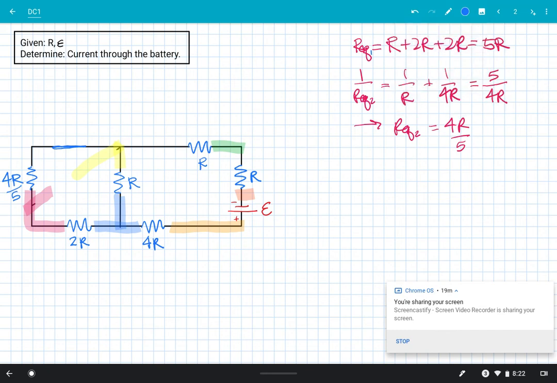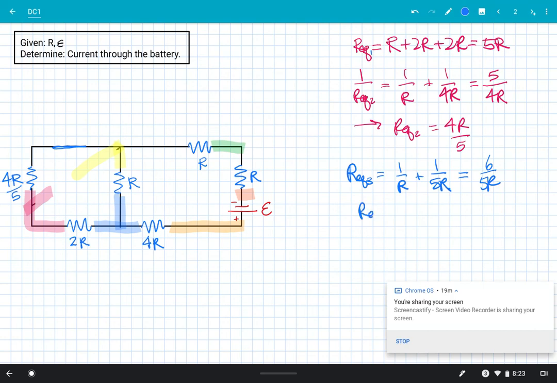5R over 6, I'm sorry. So that was 5R and R. I didn't do that math yet. So if I were to do that, that would be my R equivalent 3: 1 over R plus 1 over 5R would be equal to 6 over 5R.